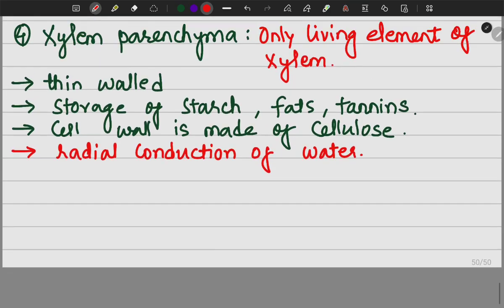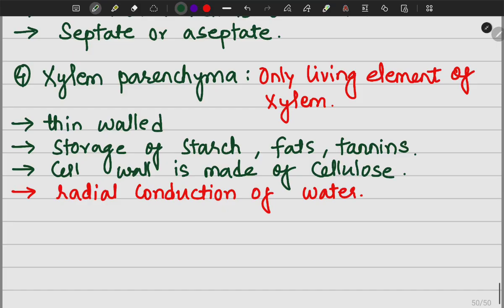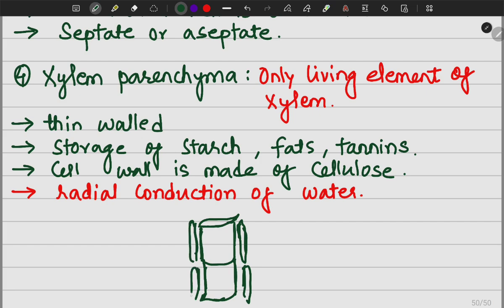So what is radial conduction? If these are two vessels, and then there will be tracheids here, and parenchyma cells are surrounding them like this.